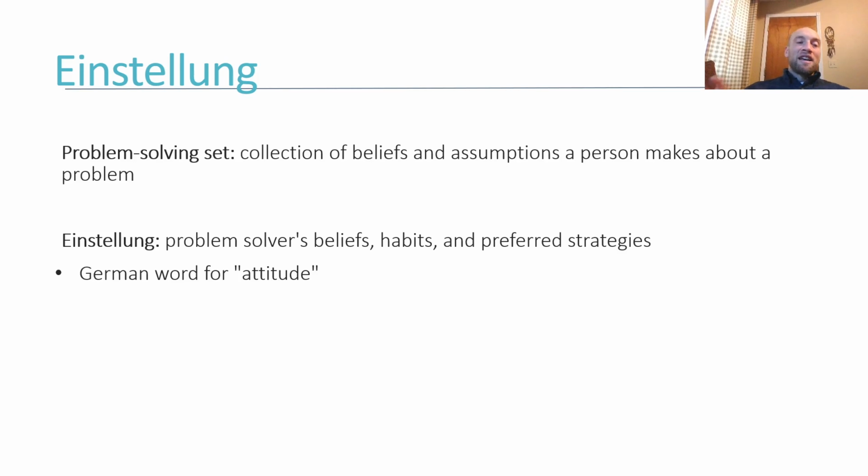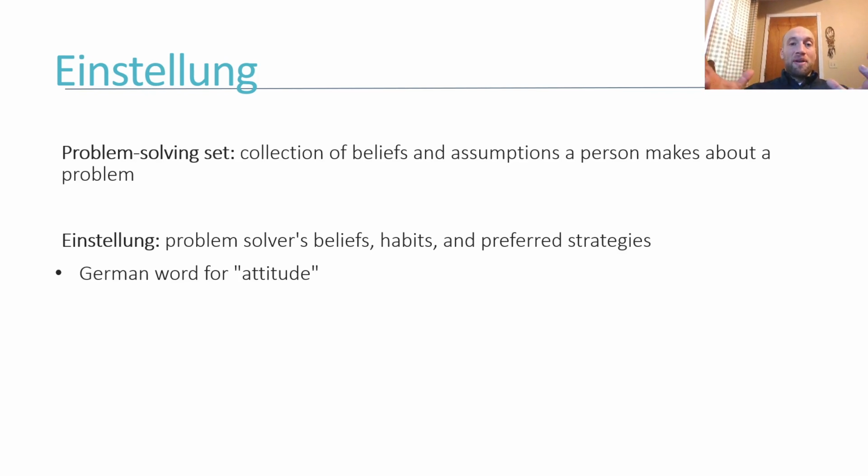But another way in which this is presented is a German word, Einstellung, which is a problem-solving set. This problem-solving set is the possible things that I can use to solve the problem. And this is just a belief that I have. It's not the actual things that I have to use to solve the problem.